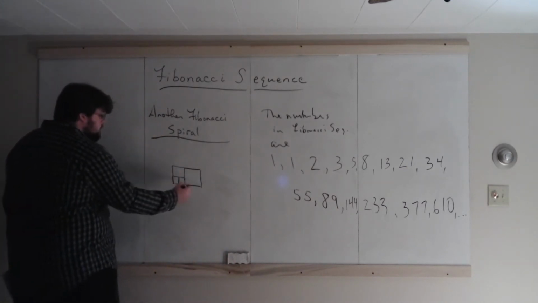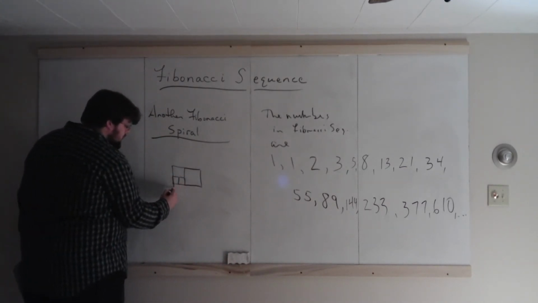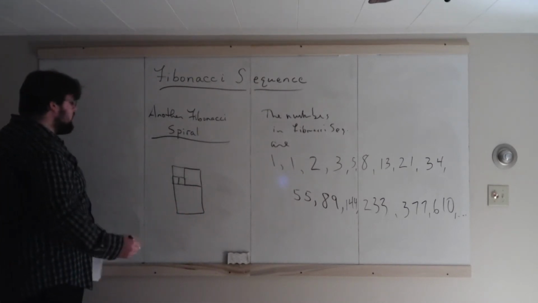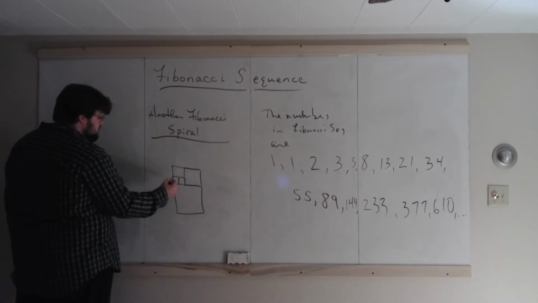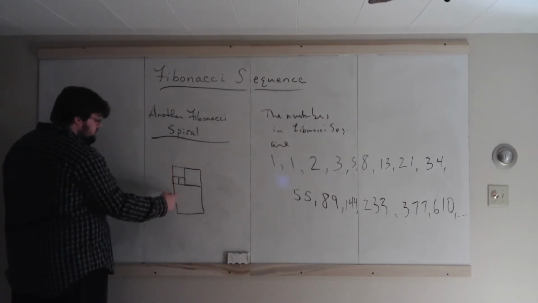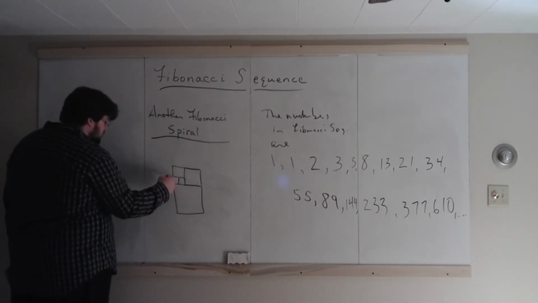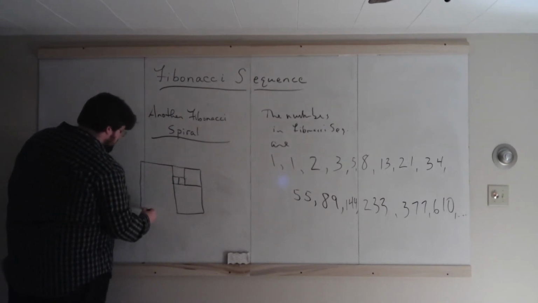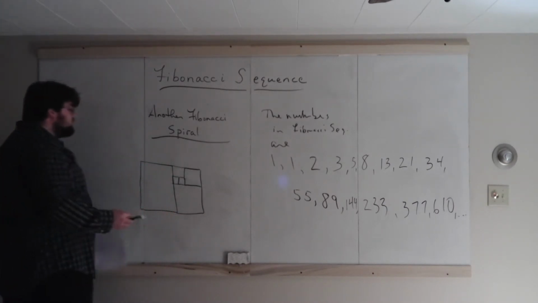Next, 5. Well, 3 plus 1 makes a 5, and then we can make a 5 by 5 square. Then we're going to go on this side and make an 8 by 8, because we have a 5, a 2, and a 1, or 5, a 1, and a 2. That makes an 8. So here's an 8 by 8 square.